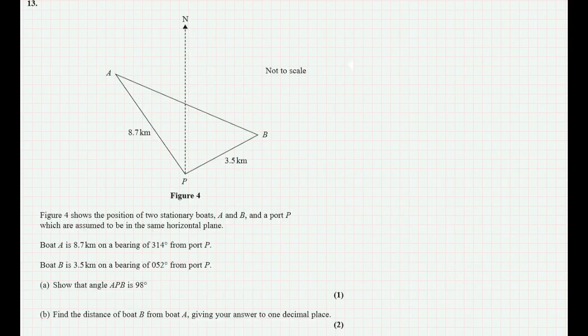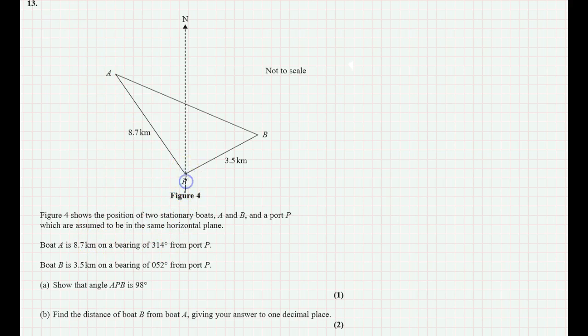Question number 13. Figure 4 shows the position of two stationary boats A and B and a port P, which are assumed to be in the same horizontal plane. So boat A is 8.7 km on a bearing of 314 degrees.